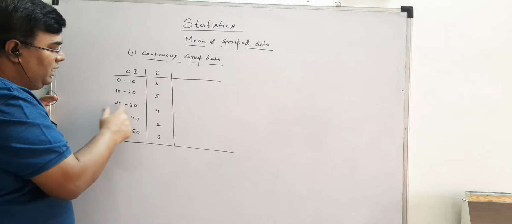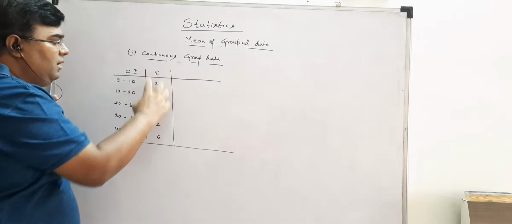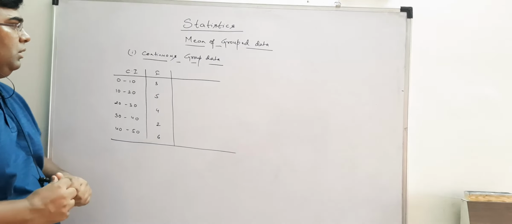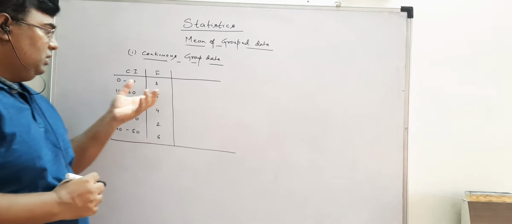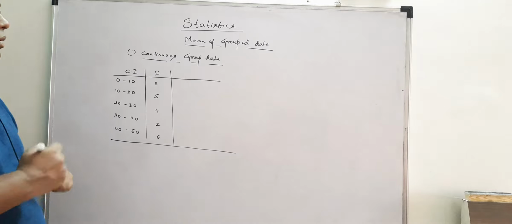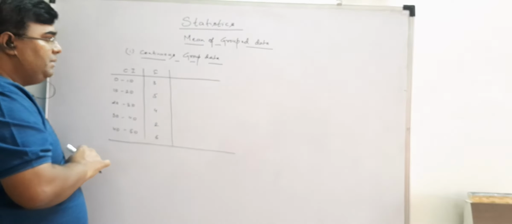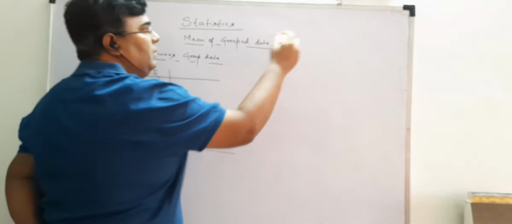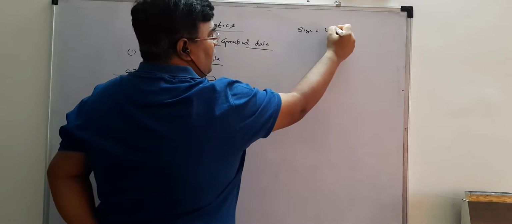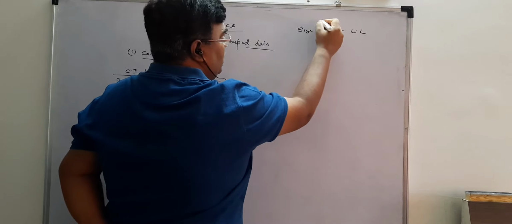Same case 20, 20, 30, 30, 40, 40, right? Now I have taken this class interval, and the frequency is also given. There are many types of questions we can ask on this data. First of all, what is the size of this data? Size is upper limit minus lower limit.